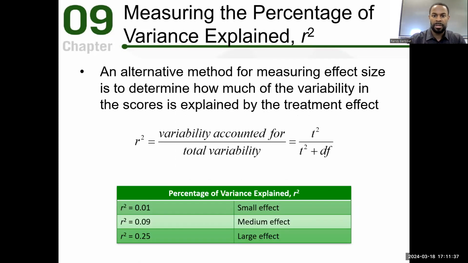So let's go back here. Take a picture of this, pause this, and write this down. This is the equation for R squared, and I'm going to show you how you do it. Let me share the whiteboard. I believe the value that we got for our t in our example was 2.67.